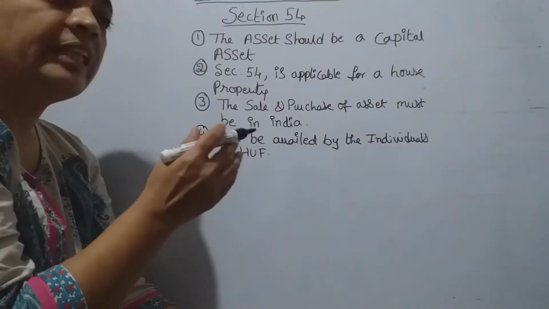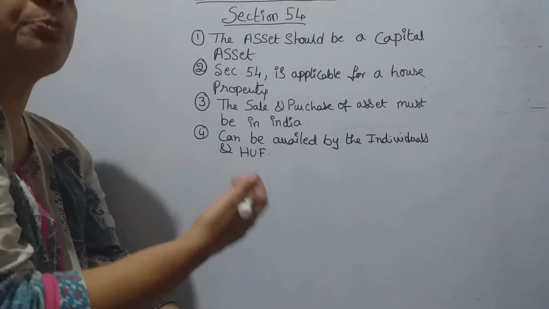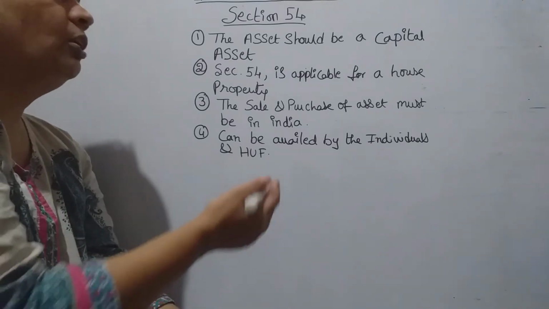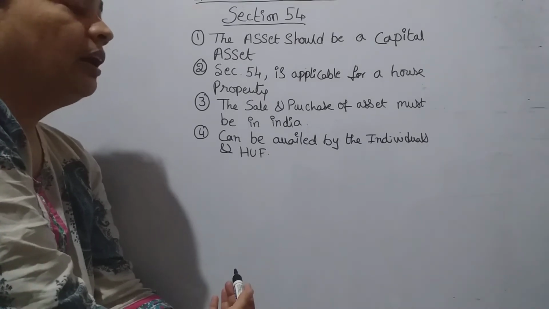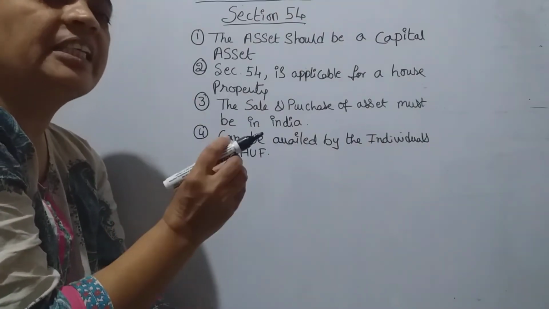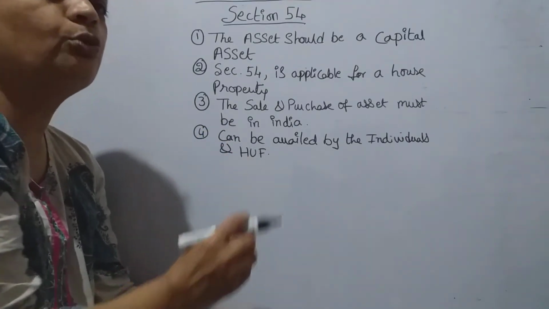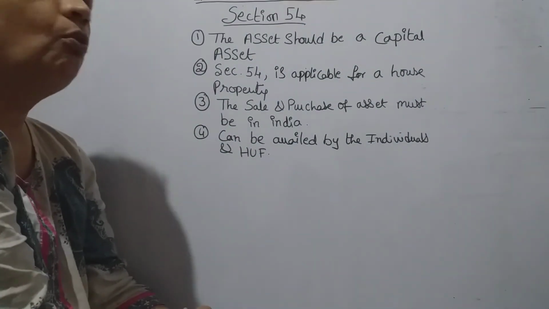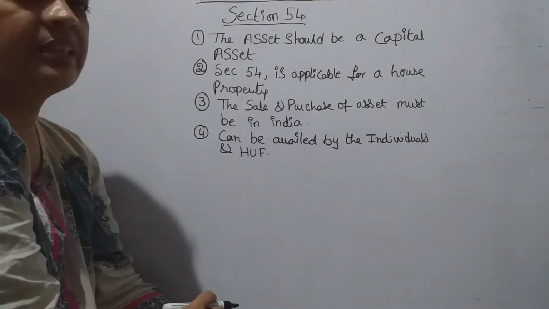So how to avoid such payment? In this section we see everything. Some conditions are to be fulfilled to avail this exemption. What are those? It must be a capital asset.